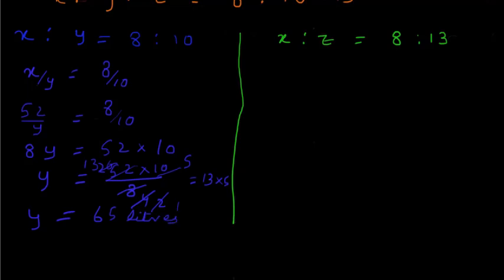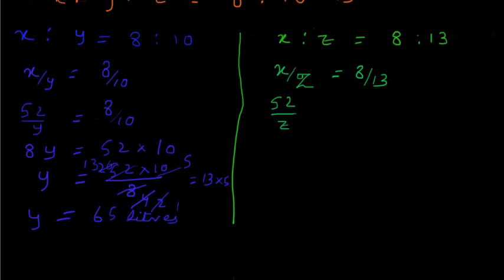Now let's solve this side the same way. I can write X divided by Z is equal to 8 by 13. That is why we always need this X, which is 52 liters, its actual amount.